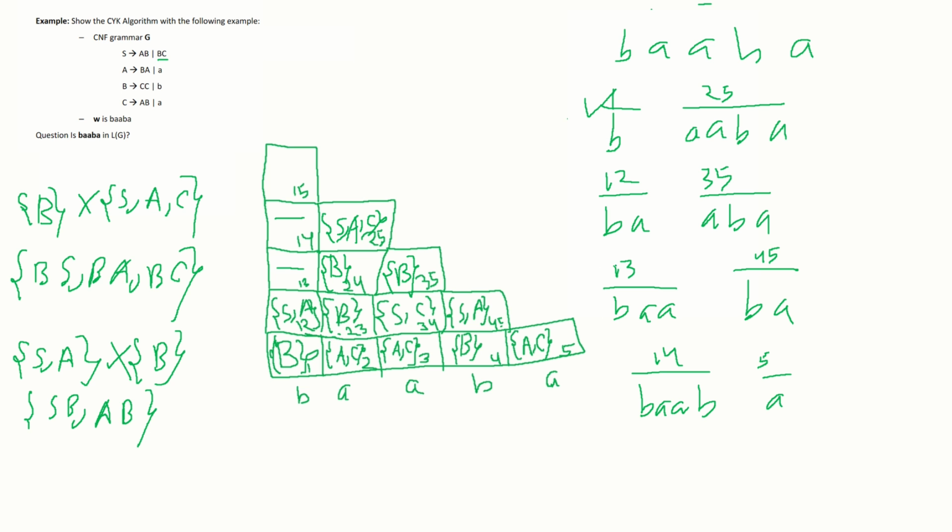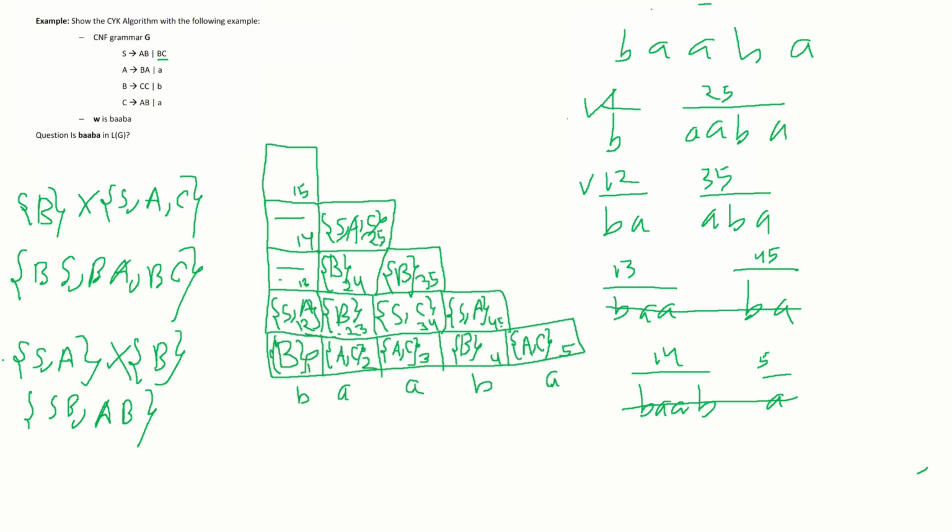For position 1 to 3, we can see that position 1 to 3 can be generated in the first column of our third row. As position 1 to 3 can be generated, this combination is crossed out. Same for position 1 to 4, we can generate any substring from position 1 to 4. So this production is also crossed out. So we are left with 2 productions, and we are already done with computing that.